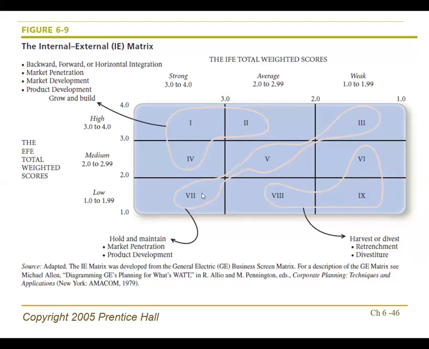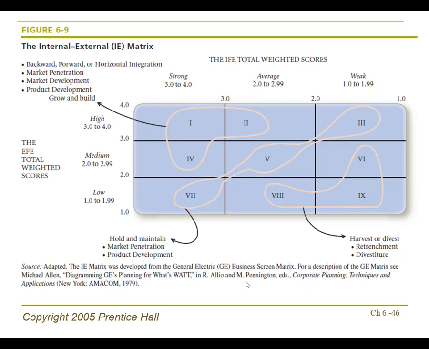So if you belong in this group of 5, 3, and 7, then what do you do? You go for hold and maintain your position. And for holding and maintaining your position, you need to follow market penetration. It means that in the similar market, you need to extend your product line or do product development, or what we say, you need to introduce more functions in your product.